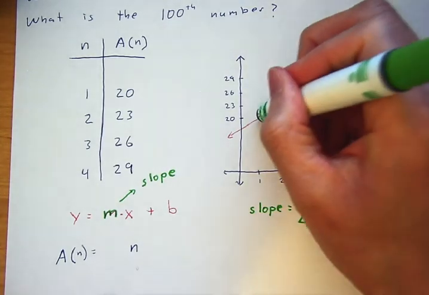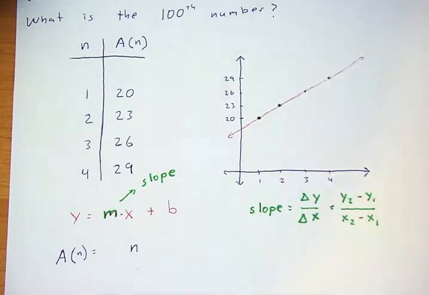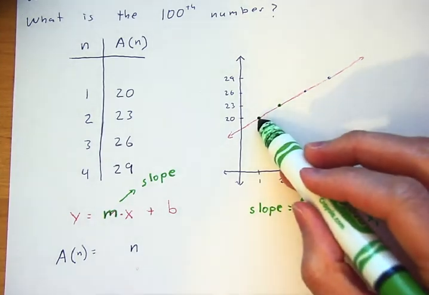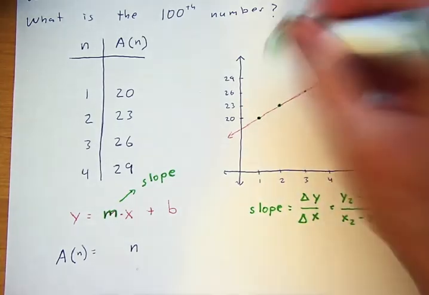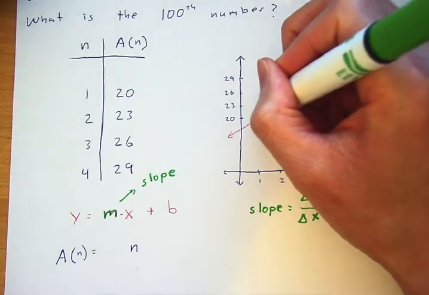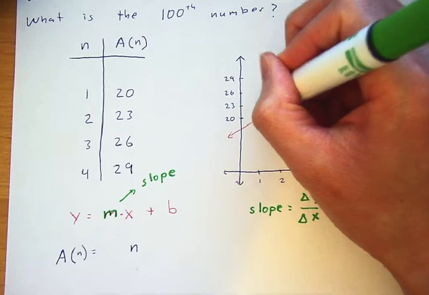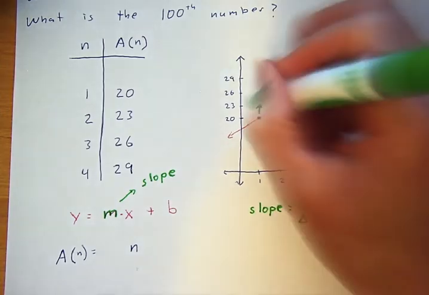Let's say I choose this one and this one. The top of our fraction is how much does the y change by. If I start here and go to this dot, my y, which is up and down, goes up by positive 3.